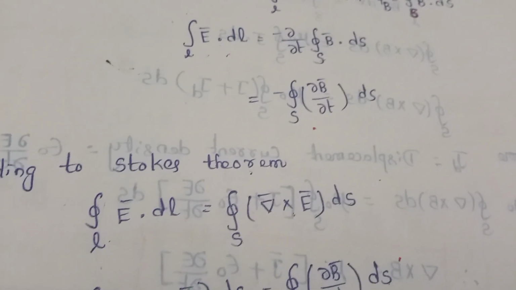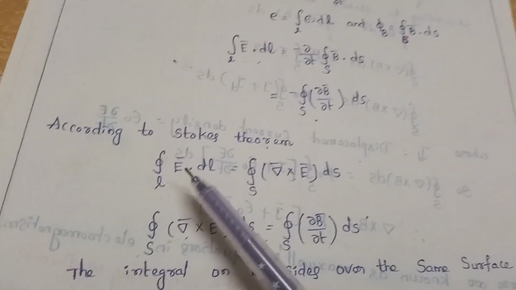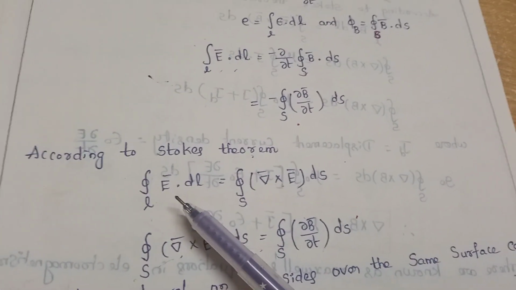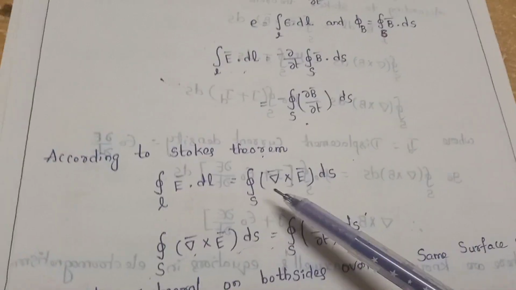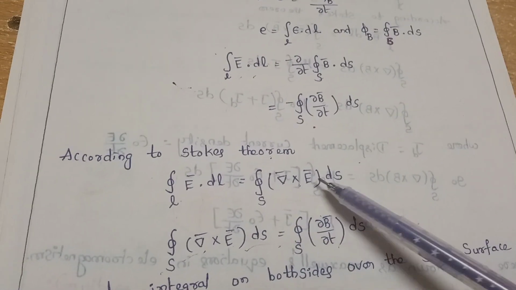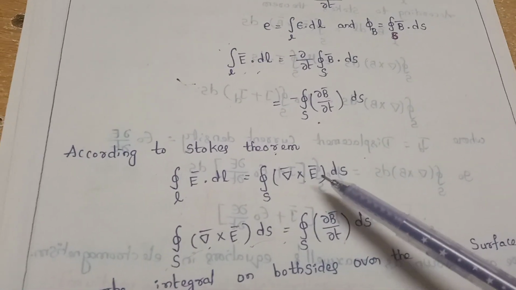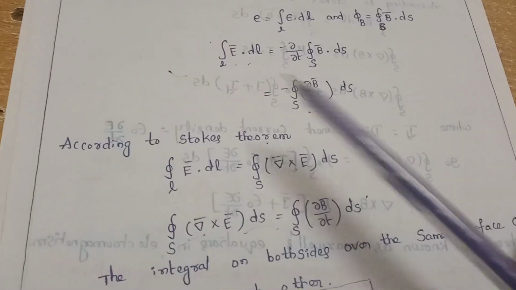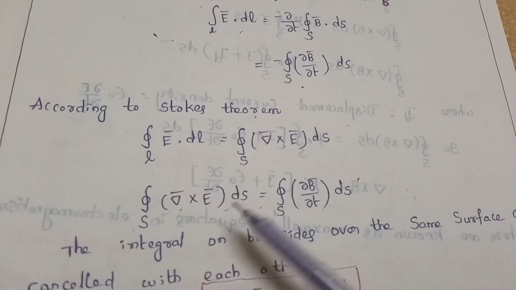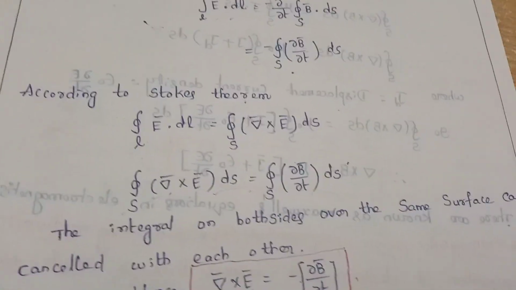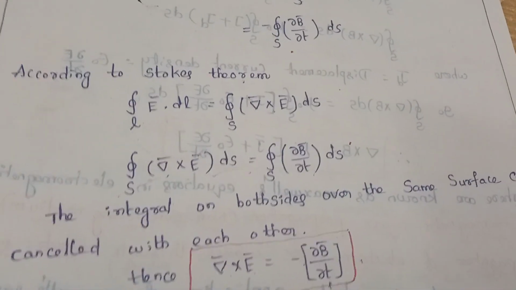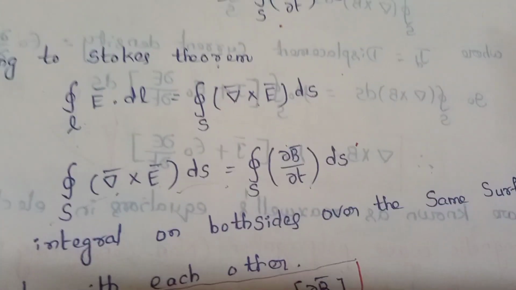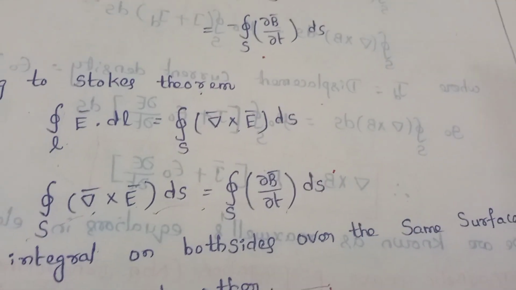So here we can apply the Stokes theorem. According to Stokes theorem, the line integral of electric field is equal to the surface integral of curl E ds. So if we apply that, in the place of E dot dl we can substitute del cross E ds. So the surface integral of del cross E ds is equal to the surface integral of minus dou B by dou t ds.